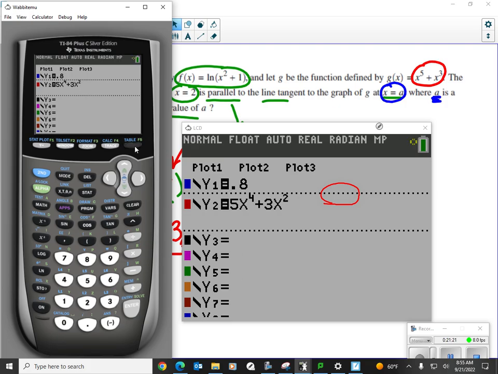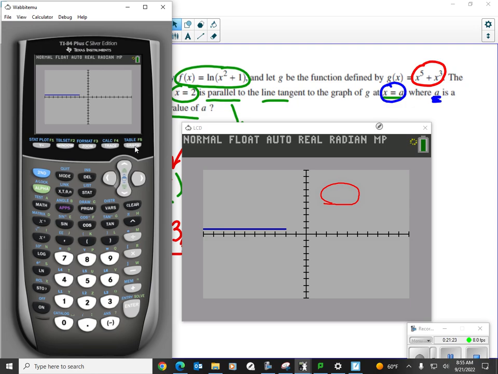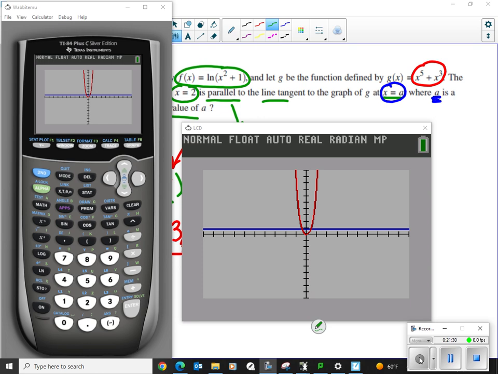And I'm going to graph that. And there's our graph. Well, they intersect at 2 points here and here. This value on the x is going to be a negative x. Remember, I only want the positive one, so I'm not even going to check this one. I'm going to just find that intersection point right there.